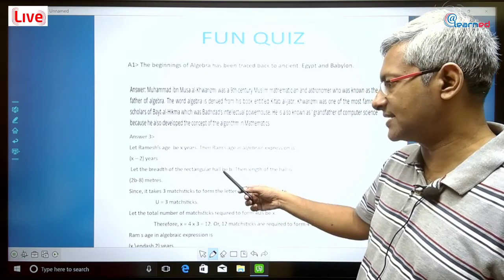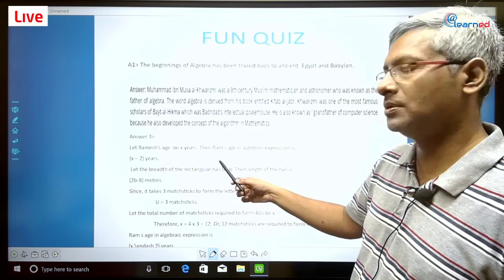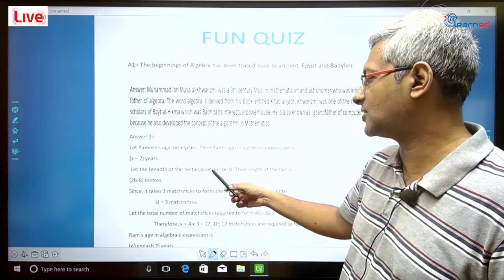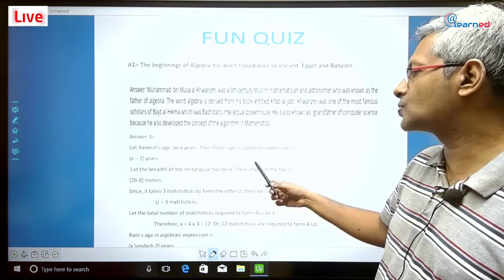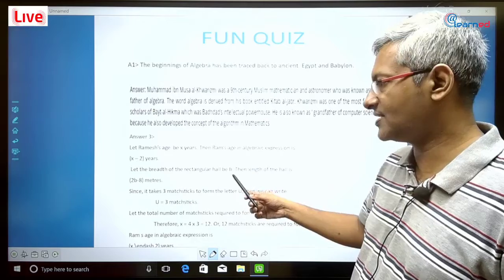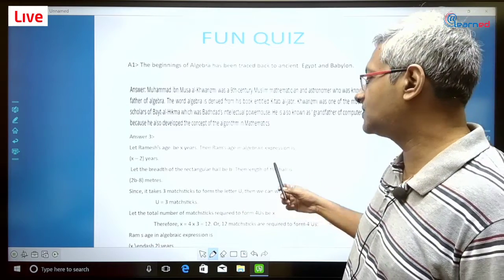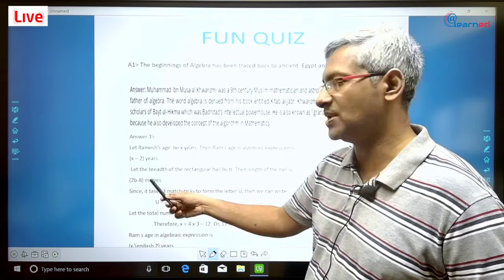That was given in the statement. b is the measurement of the breadth of the rectangular hall. Now the length was 2 times the breadth minus 8, because 8 meters less. So in algebraic expression, the length of the hall would be 2b minus 8 meters.